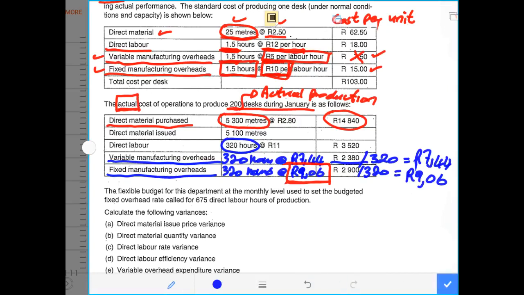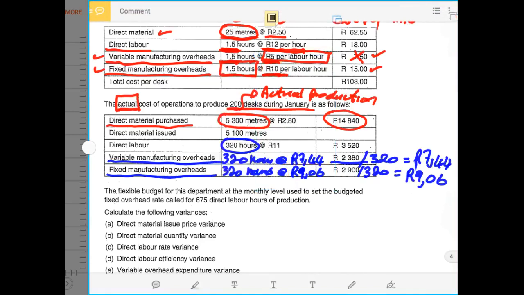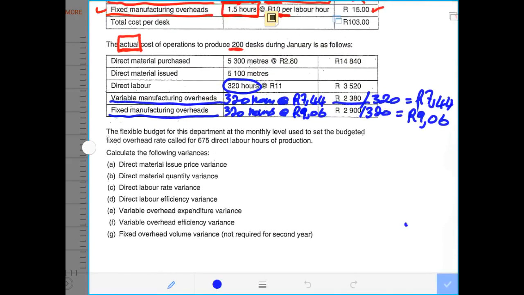Then we continue with that same note. We go to the next information that is given to us. We are told that the flexible budget for this department at the monthly level, used to set the budgeted fixed overhead rate, called for 675 direct labor hours.